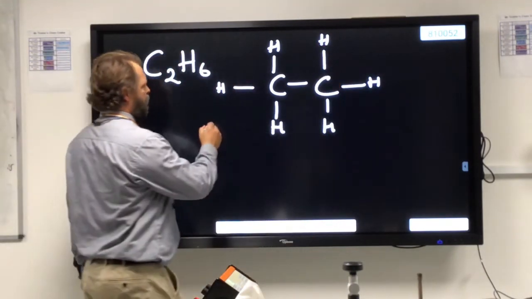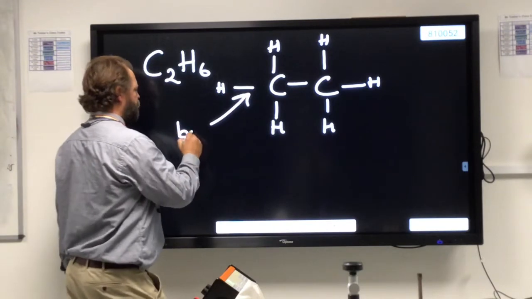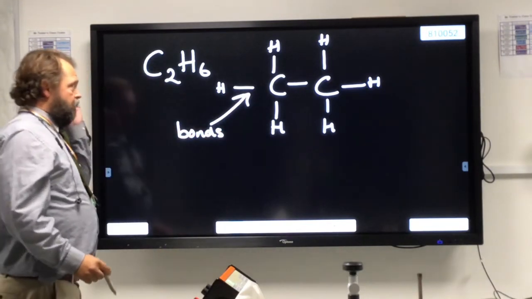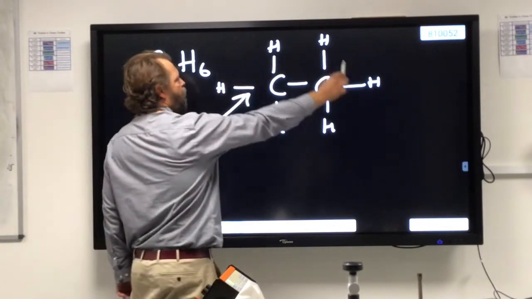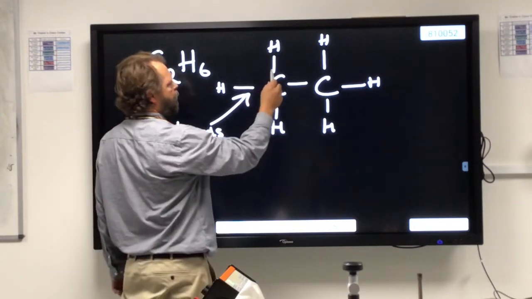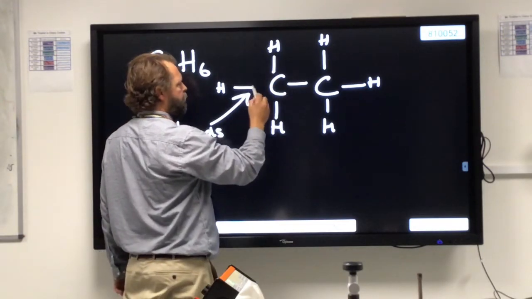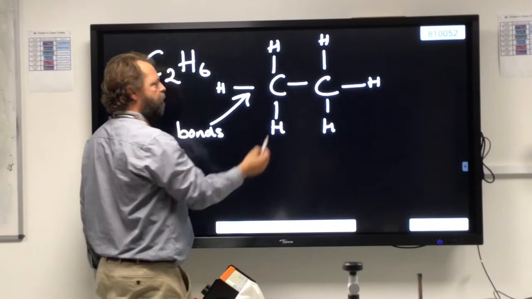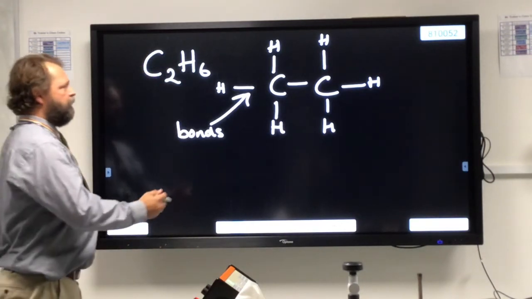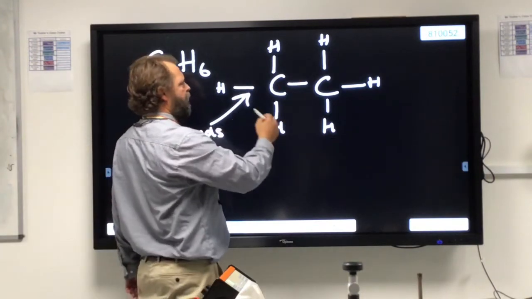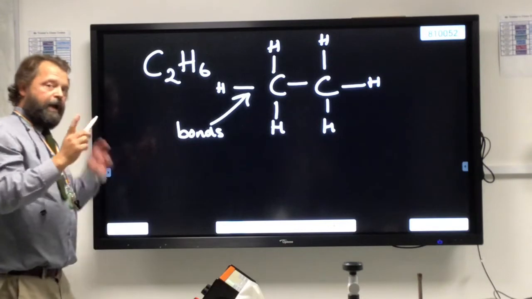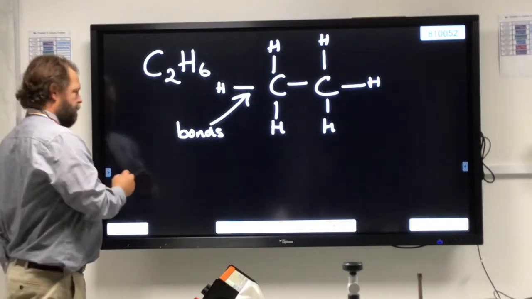These sticks are representing the bonds between the individual atoms, and you can see that this compound follows our rule for carbon, so that carbon always makes 1, 2, 3, 4 bonds per atom. So when you're drawing these formulas, each carbon atom should have 4 sticks coming out of it. Hydrogen has only got 1 electron, so it only makes 1 bond.